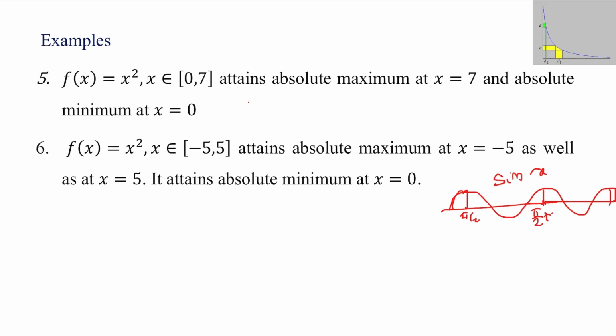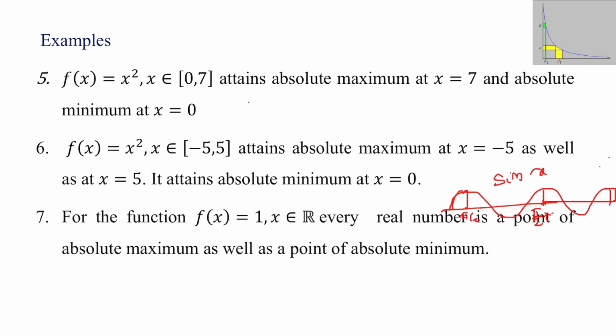So there are infinitely many points at which the function sin x attains its maximum value. Similarly, there are infinitely many points at which the sine function attains its minimum value. The minimum value of sin x is -1, and the function takes the value -1 at x equal to 3 pi by 2, 3 pi by 2 plus 2 pi, 3 pi by 2 plus 4 pi, and so on.